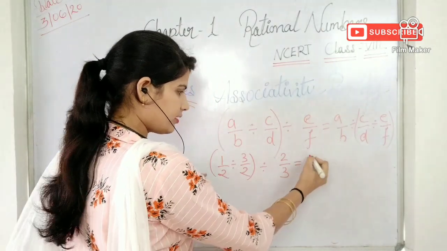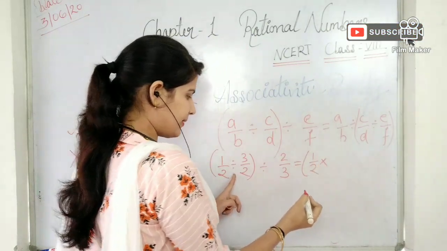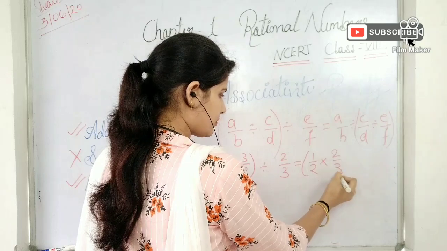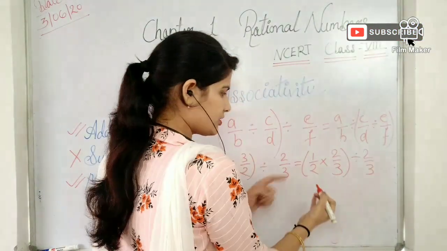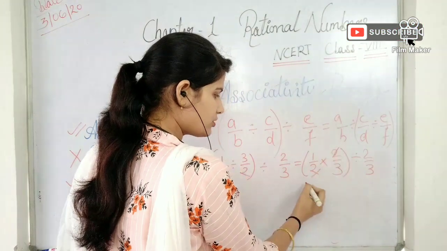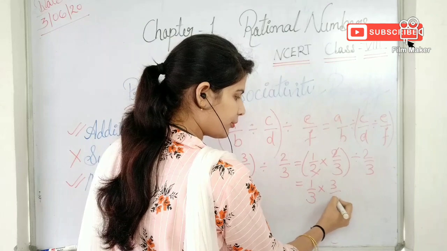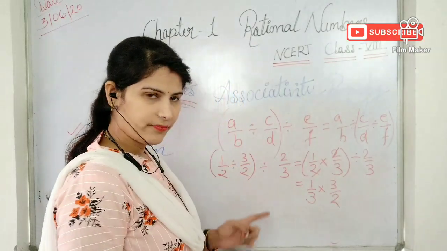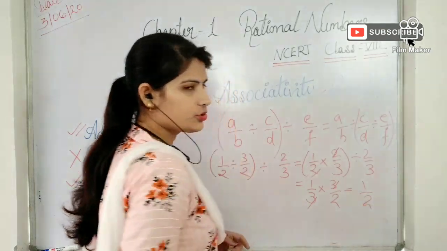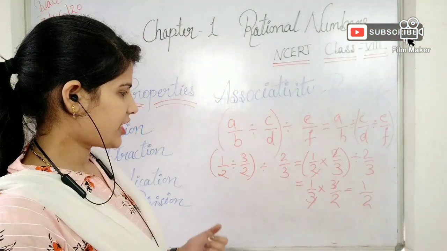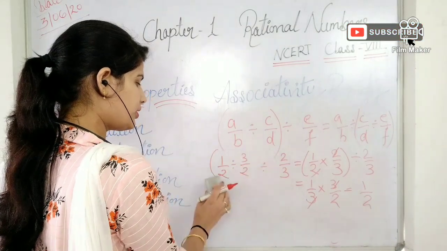What is the answer? 1 upon 2 divide, the sign is changed into multiplication, and 2 by 3 divided by 2 by 3. Now 2 cancels out. 1 upon 3 multiply 3 upon 2. So 3 cancels. What is the answer? 1 upon 2. So the answer is 1 upon 2.